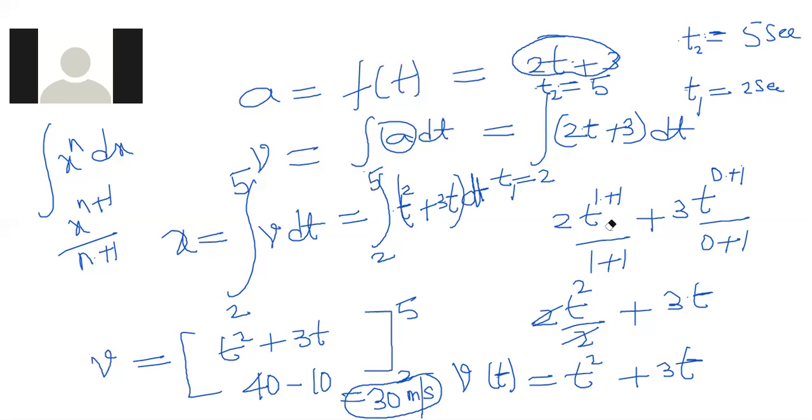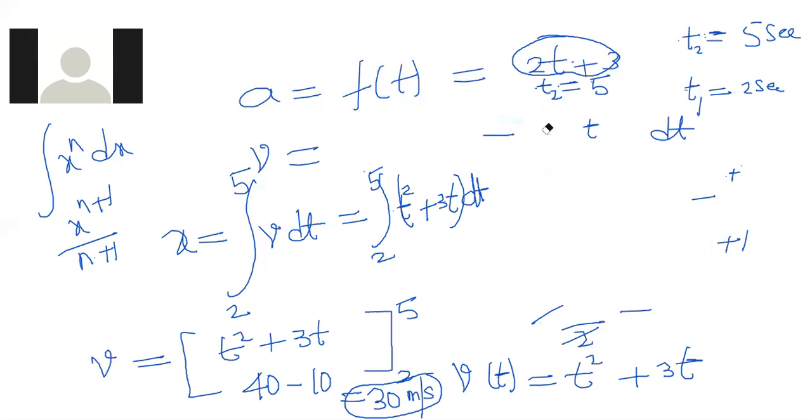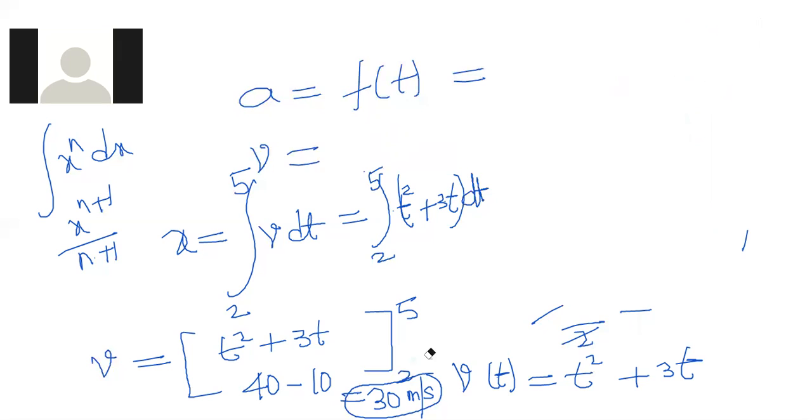Tell me, what will I get? t power 2 plus 1 by 2 plus 1, plus 3t power 1 plus 1 by 1 plus 1. Say it properly: t power, not into. Sorry, sir. See what I have written here.